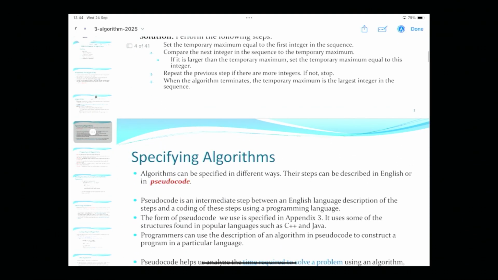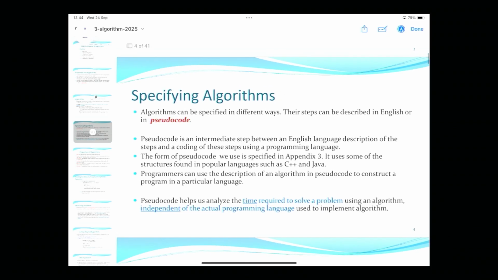In order to specify or present an algorithm, normally we would use pseudocode. That means it's not real code, right? Not exactly in Python or Java or C, but more like generic code that everyone can understand, no matter what programming language we are familiar with.